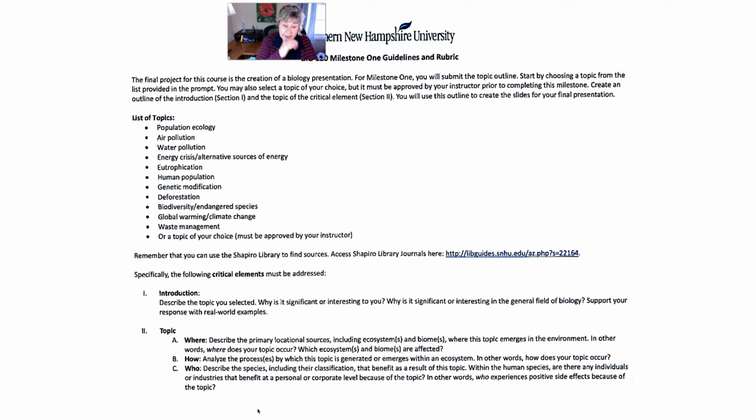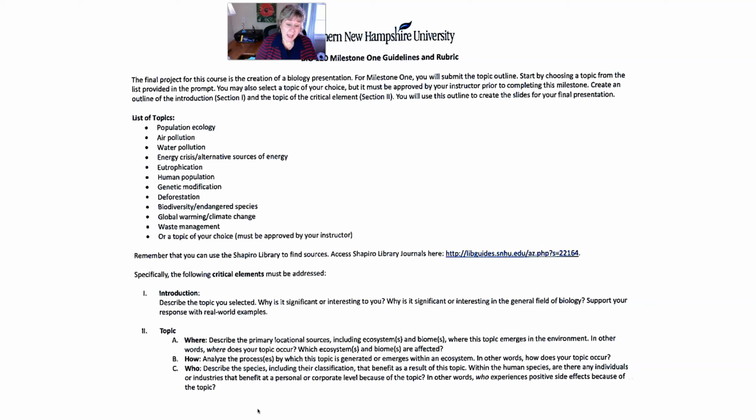That's an outline, right? So in the topic section, where does this happen? If you're talking about global warming, well, isn't the definition of that global? And so the whole biosphere is affected. If you're looking at water pollution in Lake Erie, then no, the whole globe is not affected by this. What ecosystems are affected by this particular topic?